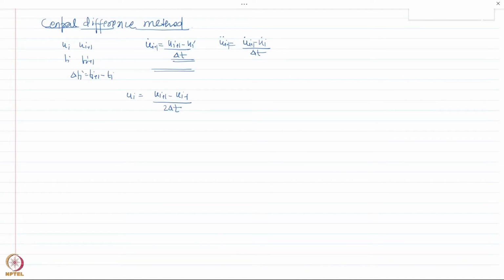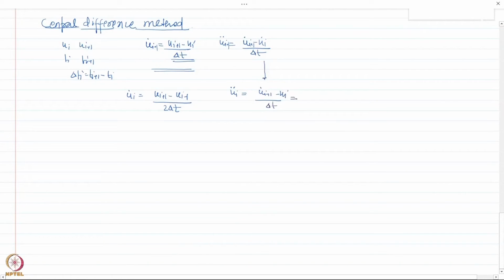By default, if I try to express my acceleration, u_i double dot, it will be the derivative of velocity, using the same expression I have just used above.